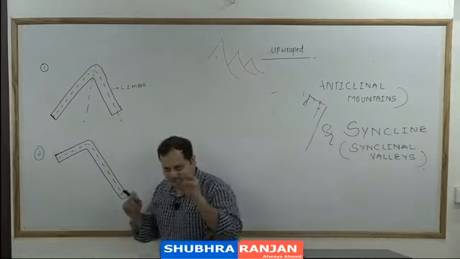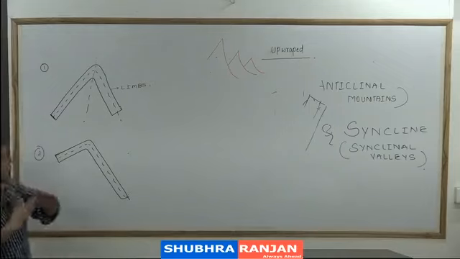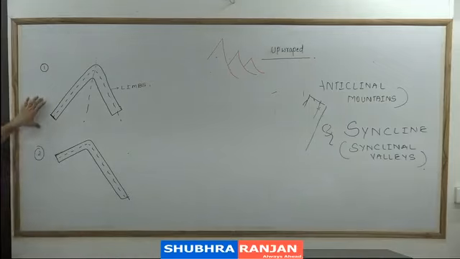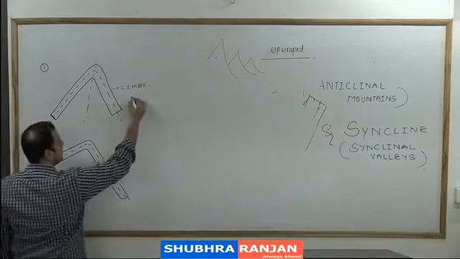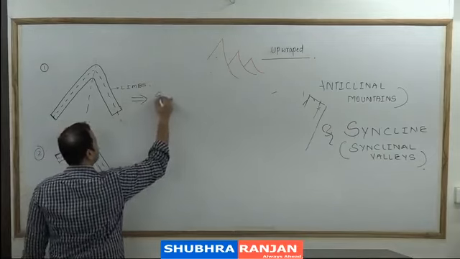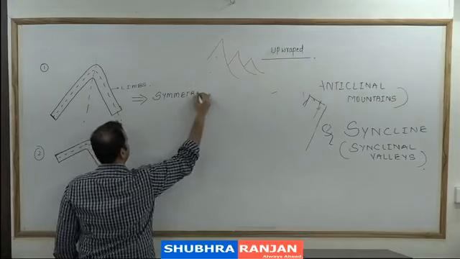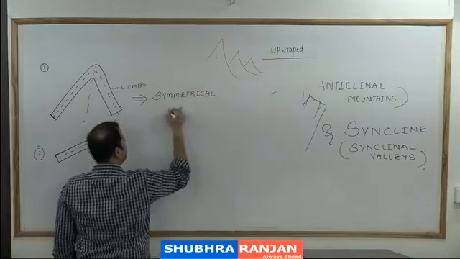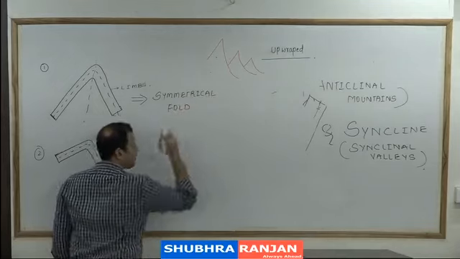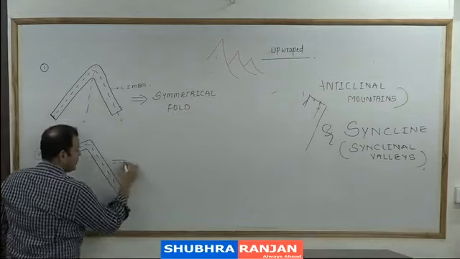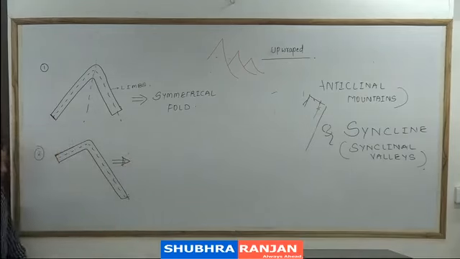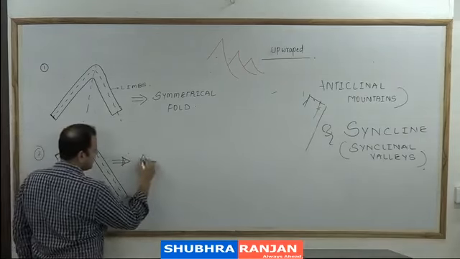If the two limbs of the fold are inclined more or less similar to each other, then this kind of fold is known as a symmetrical fold. On the other hand, if both the limbs are not properly inclined, we will call this asymmetrical fold.